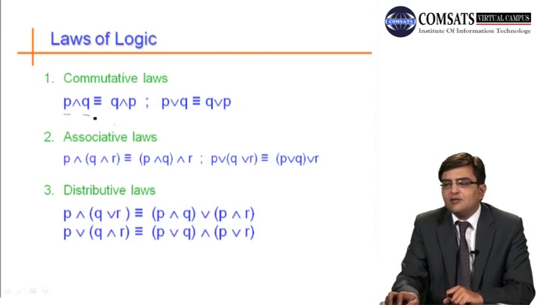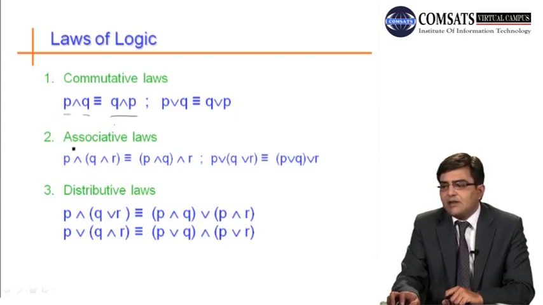Here, if we have P and Q, this will be equivalent to Q and P. So, interchanging the position of the individual propositions doesn't affect the compound proposition. This is called the commutative law. This law holds also for disjunction, that is P or Q is equivalent to Q or P. We can prove these two equivalences using truth tables easily.